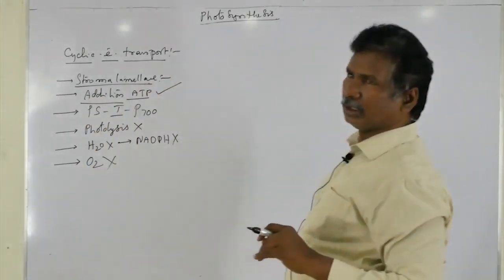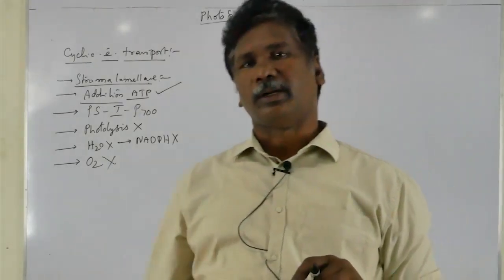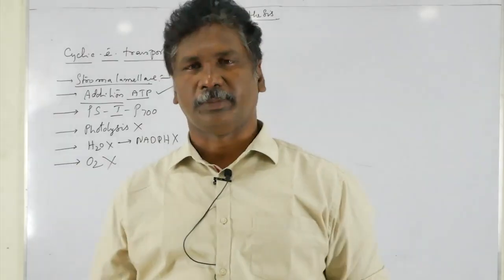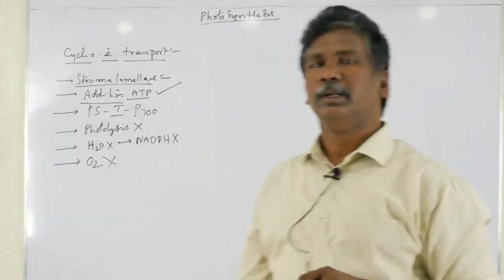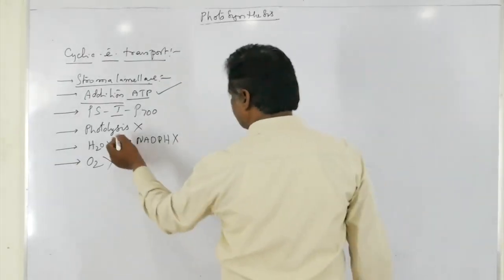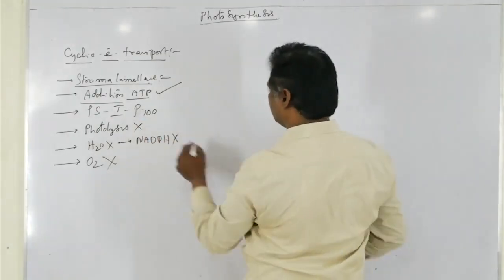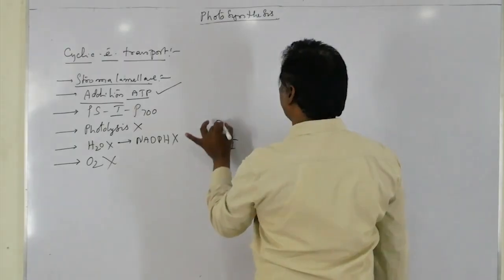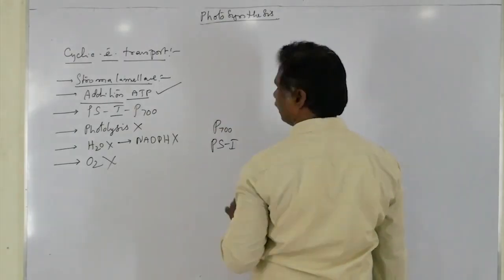Next you can see how electrons are moved from one electron acceptor to another in a cyclic manner. It starts with PS1, reaction center P700.